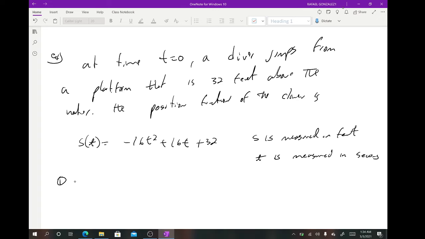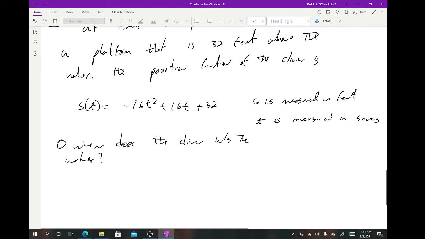And we have two questions. Number one, when does the diver hit the water? And number two, what is the average velocity at impact?